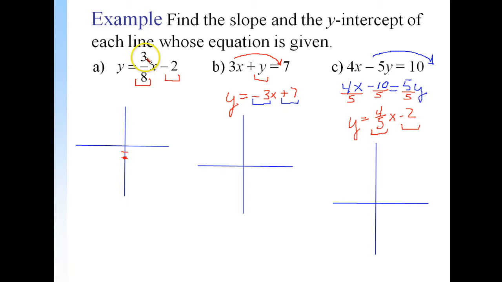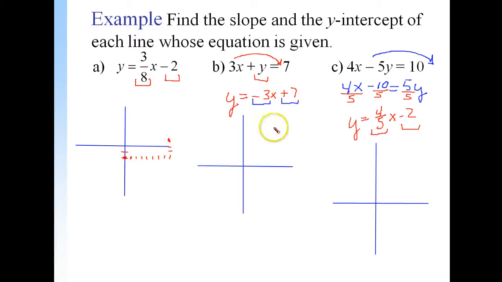Now this is a slope of 3/8. So I need to go over 8 units for run. 1, 2, 3, 4, 5, 6, 7, 8. Now I have to go up because it's positive. Up now 3 units. 1, 2, 3. And there's my point. And there's my other point. I'll make a line through this shortly.